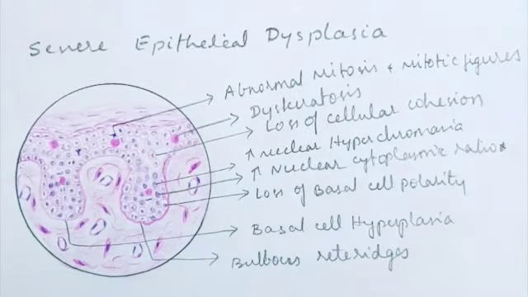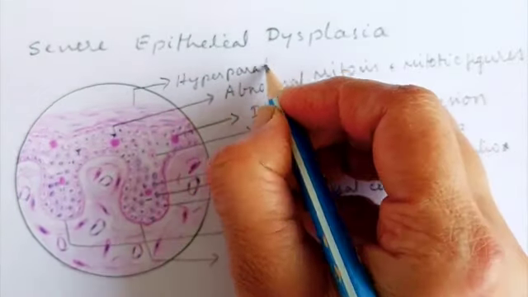Bulbous ridges. This is hyperparakeratosis.